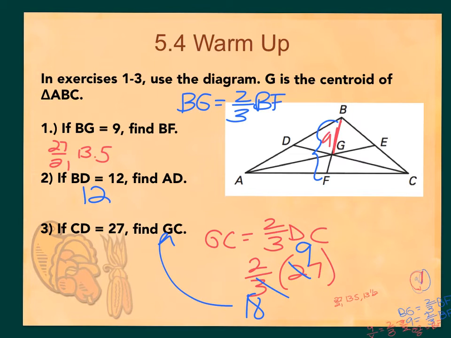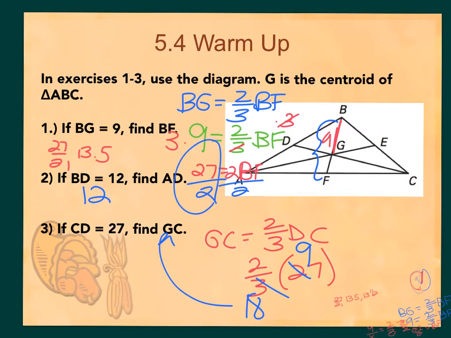Which is BF, right? So then take the values you've got. If BG is 9, then to solve for BF, I could do it in 2 steps. I could multiply by 3, and I'd get 27 equals 2 times BF, and then divide by 2.